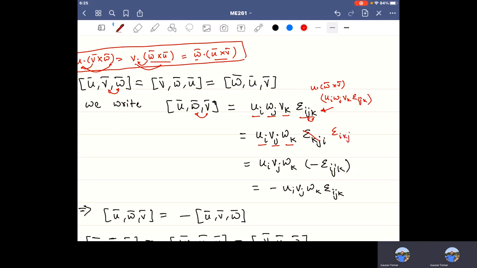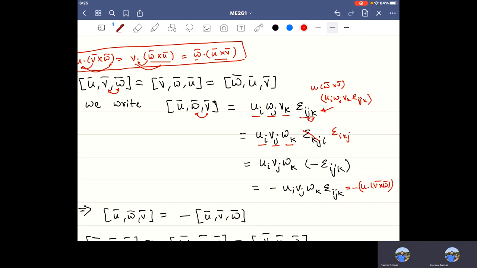So these two expressions are the same; here we have not made any change. Now we use the property of epsilon. If we make this swap, that gives you a negative of epsilon_ijk, which is the property that we had seen earlier. Which means this gives you minus u_i v_j w_k epsilon_ijk. Now we know this quantity is essentially minus u dot v cross w.